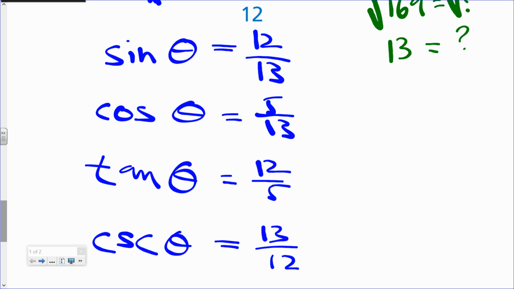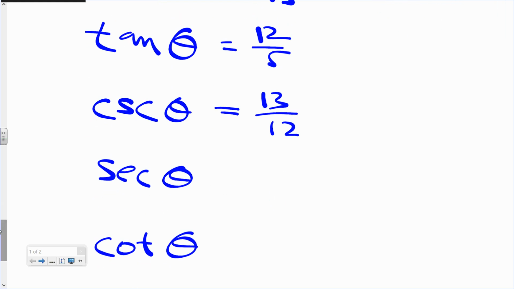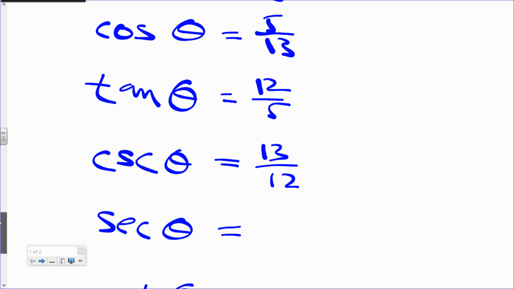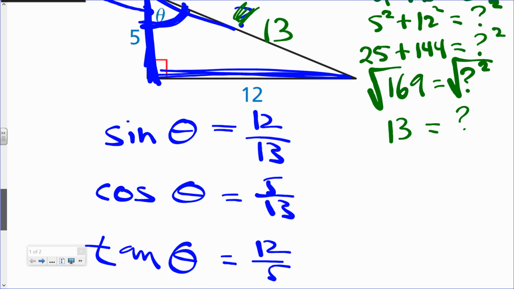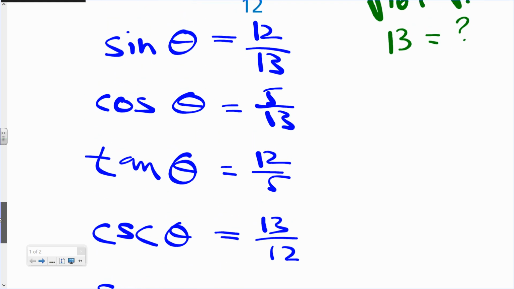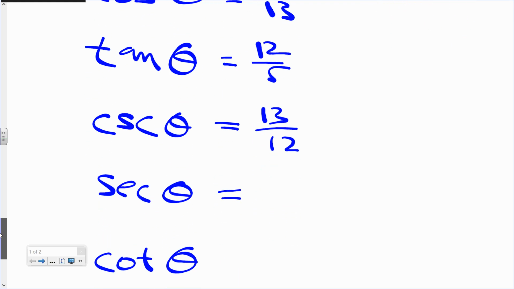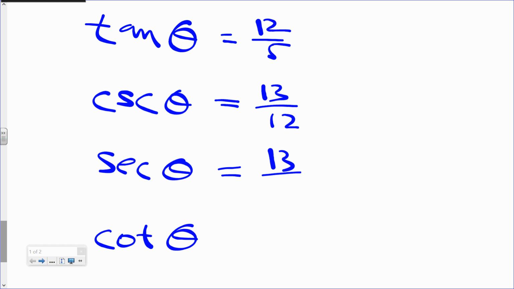Tangent of theta: opposite, 12 over adjacent, that's 12 over 5. So far, so good. All that's old news. We know that. It's like 3 weeks ago we learned SOHCAHTOA.